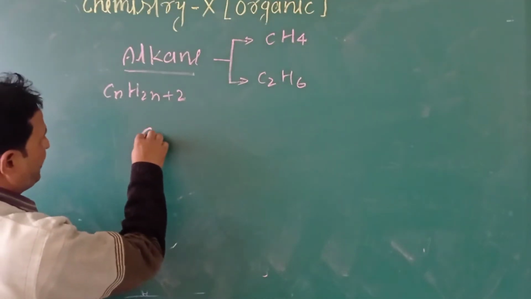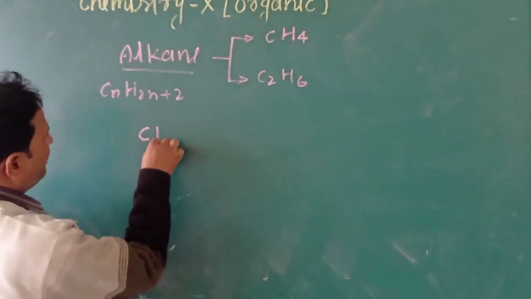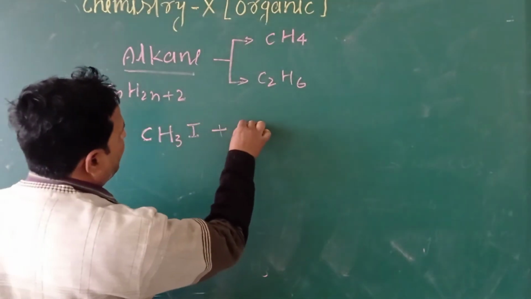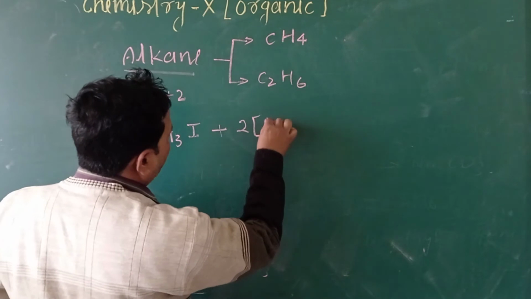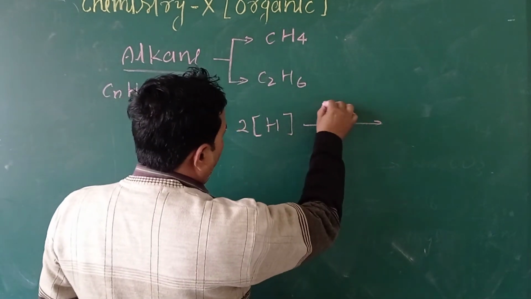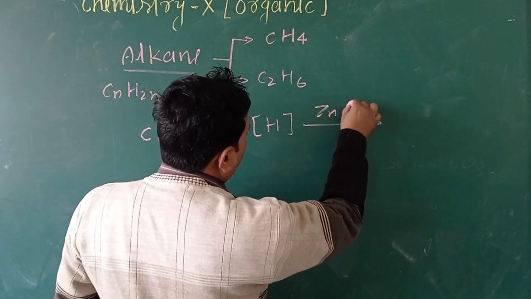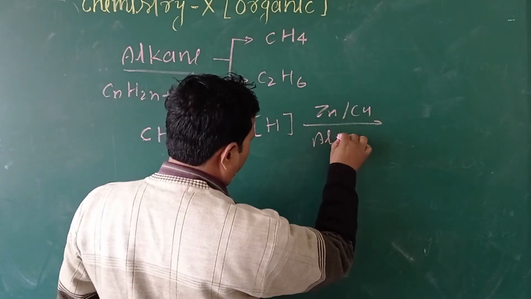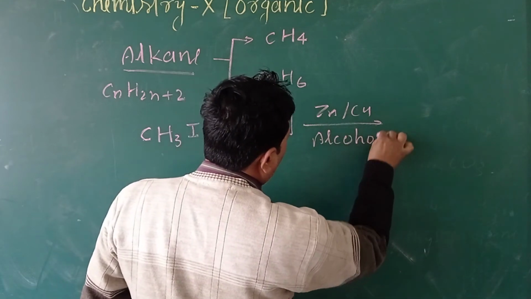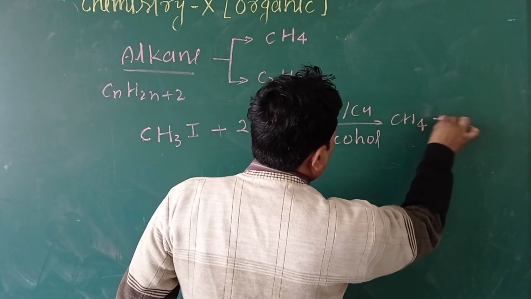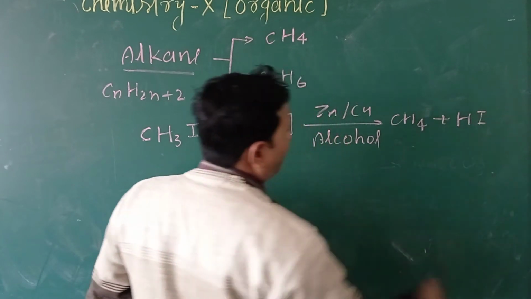General method for the preparation: methyl iodide reacts with nascent hydrogen, passing through alcoholic copper-zinc couple, forming methane and hydrogen iodide.